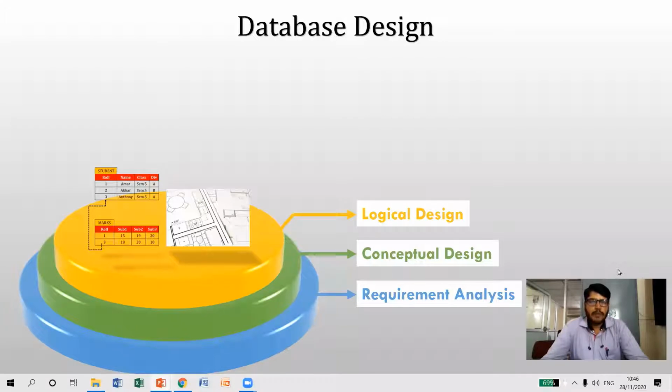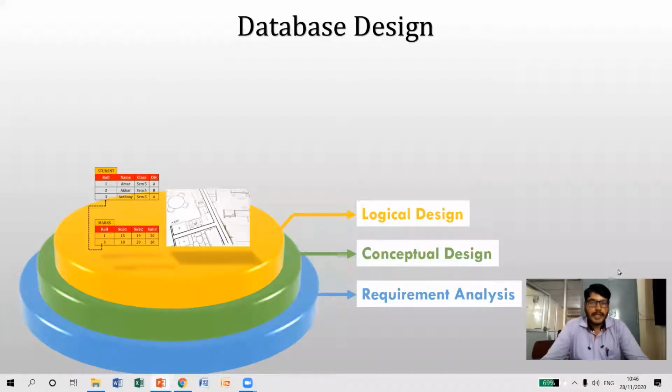But in the ER model, we are unable to get the tabular form. So for that, as a DBA, he has to convert the conceptual design, that is the ER model, into the relational model.